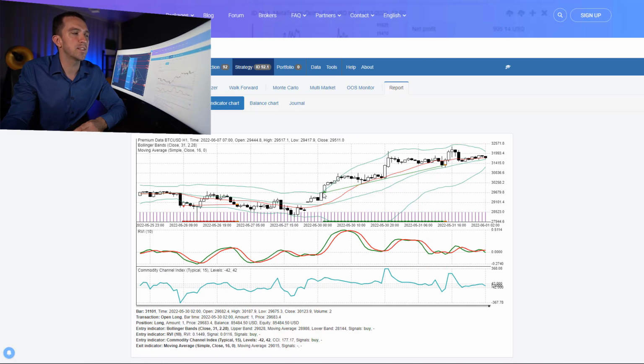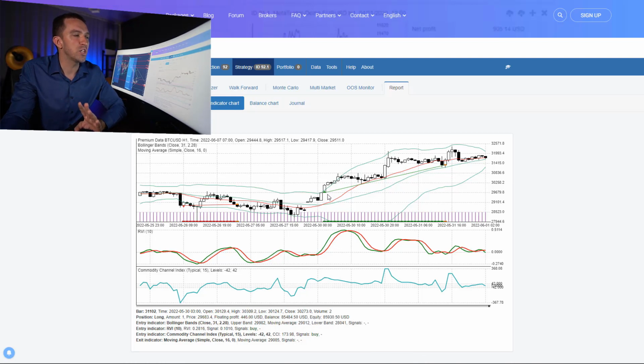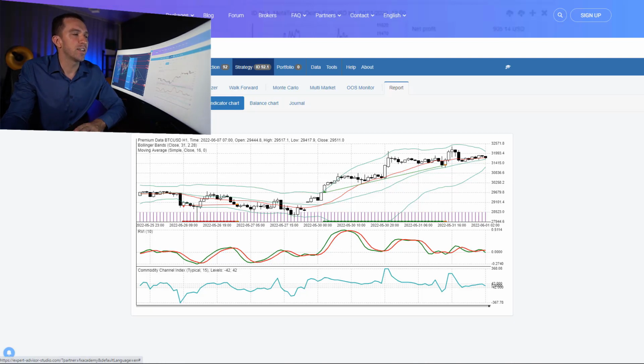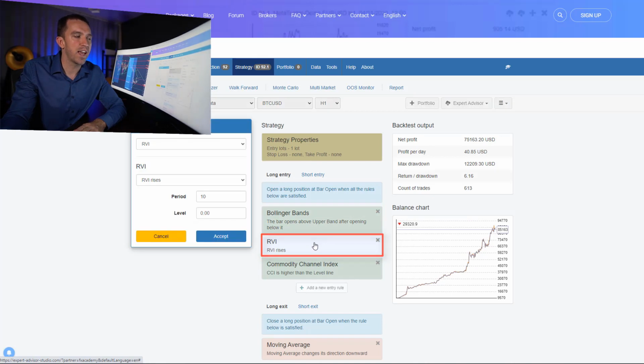At this moment we have the price going towards the upper band of the Bollinger Bands, and we have a new trade opening, which means that at the open of the new bar I will have the entry rule. However, I need the confirmation of the other indicators.